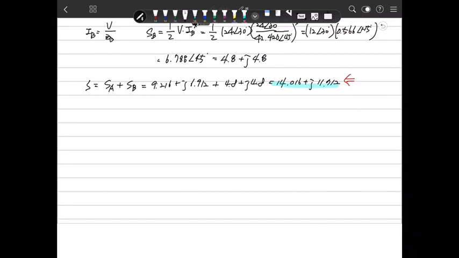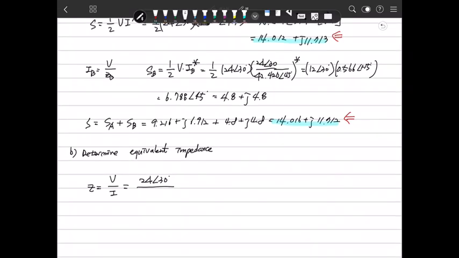And part B is to determine the equivalent impedance. It's a very simple problem because we know V and I, and V was defined as 24.